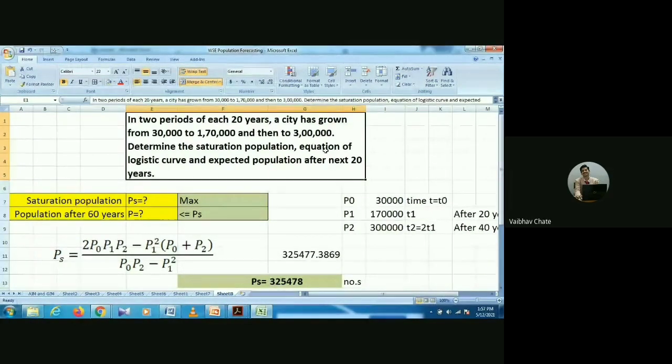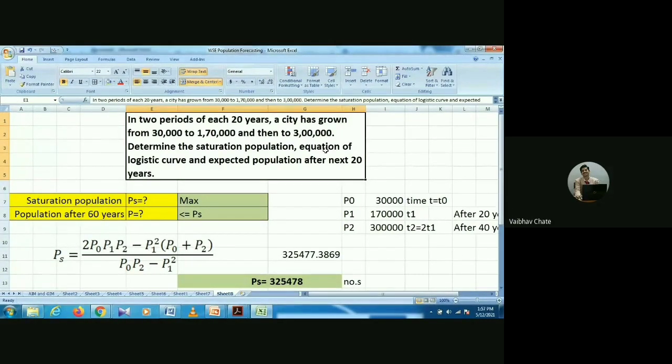At the base period the population was 30,000, after 20 years it reached 1,70,000 and after 40 years it reached 3 lakh. That means the time gap considered is for two periods, T0 to T1 and T1 to T2.